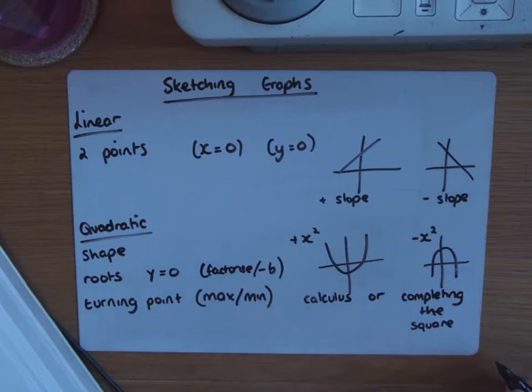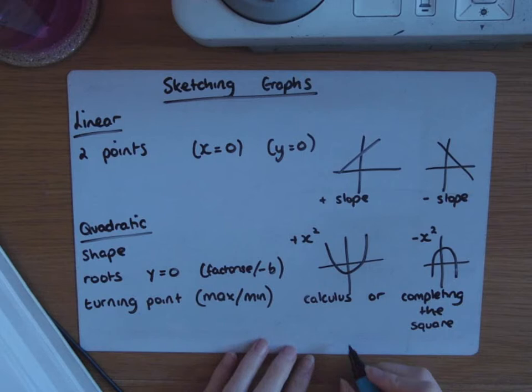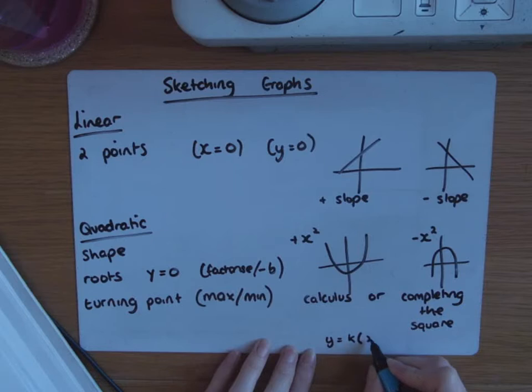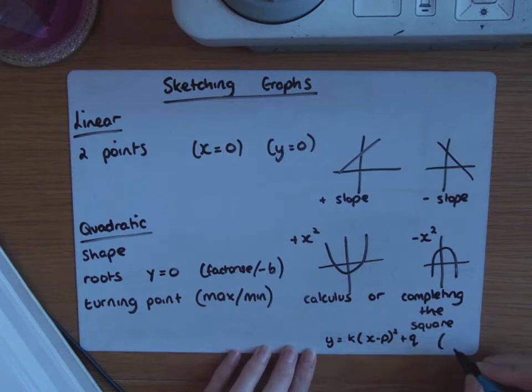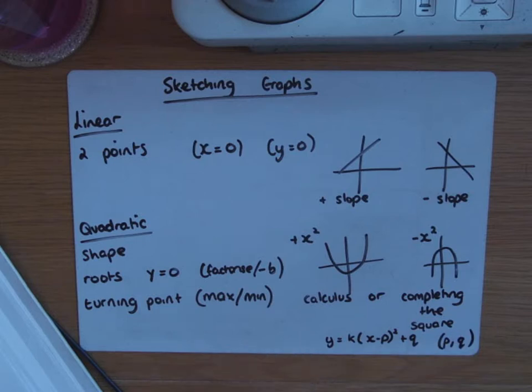Okay, so you need to go back in the example copy. When you complete the square, your max or min is always change that sign, keep that sign, PQ. We did that in algebra 2, I think.